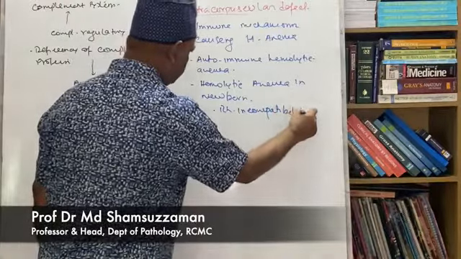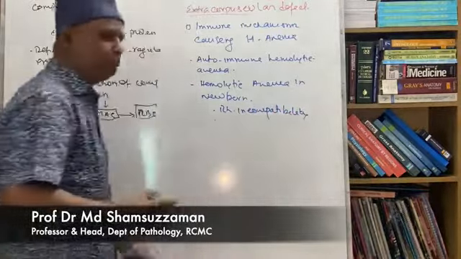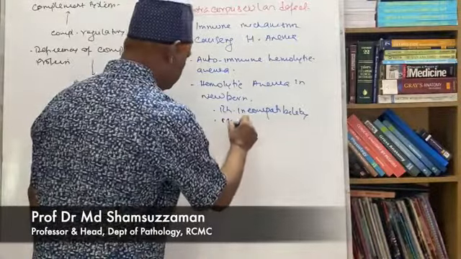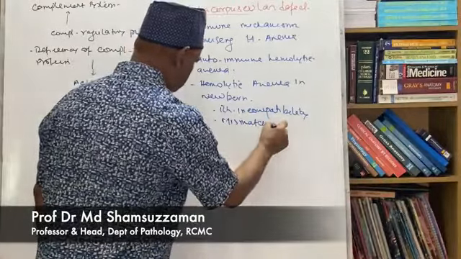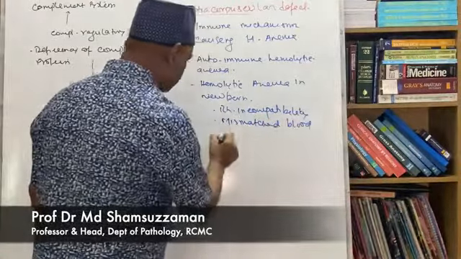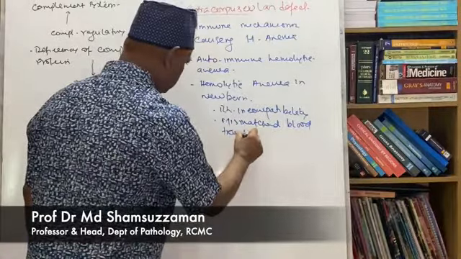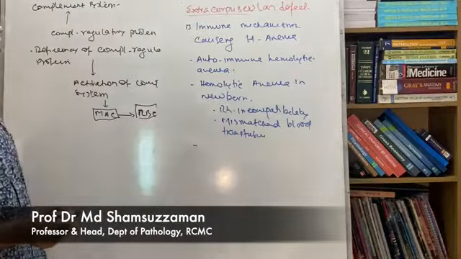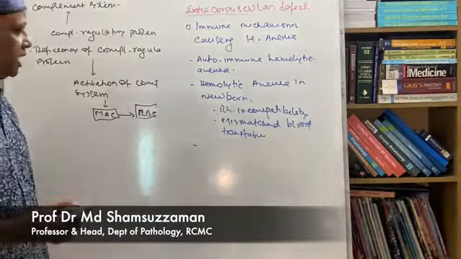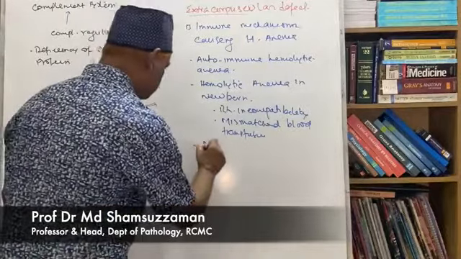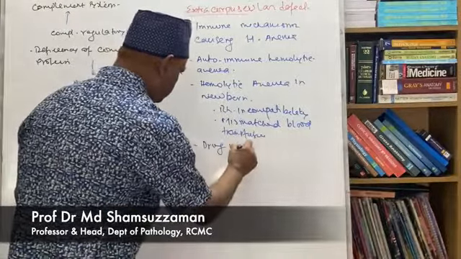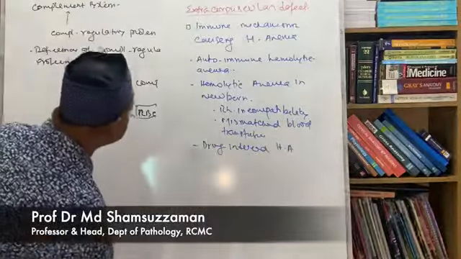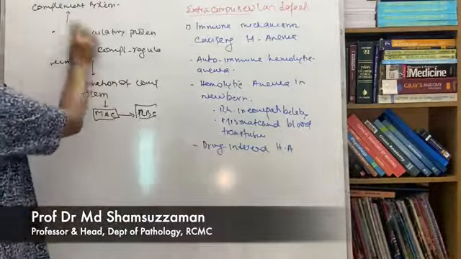Another is mismatched blood transfusion. Besides this, there is another type of immune mechanism causing hemolytic anemia, drug-induced hemolytic anemia. So these are the immune mechanisms causing hemolytic anemia.